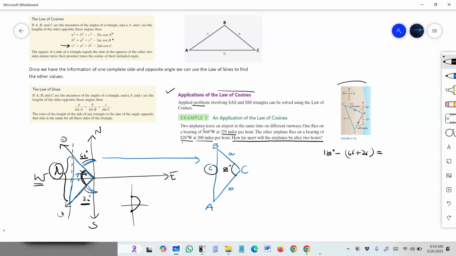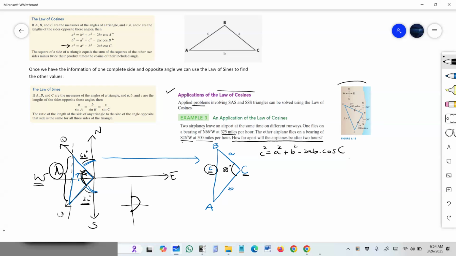In my case, I call this side C, and we're obviously going to use the last formula of the law of cosines. So C squared equals A squared plus B squared minus 2AB times cosine of C.